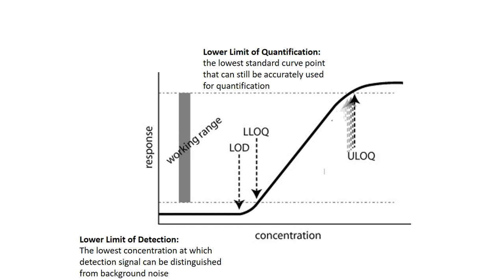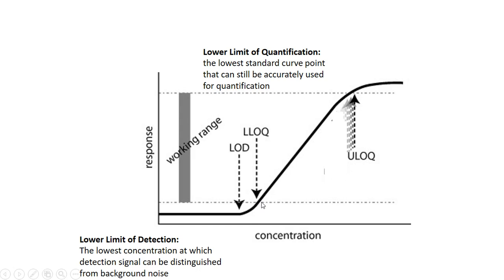The difference now is the lower limit of quantification is the lowest standard curve point that can be accurately used for quantification. Okay, so the whole concept here is that in order to accurately determine the concentration, ideally you want it to be on this linear part of the graph.